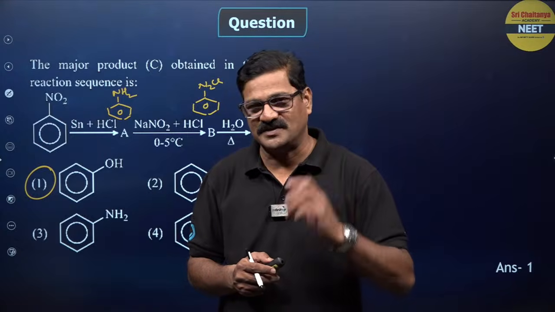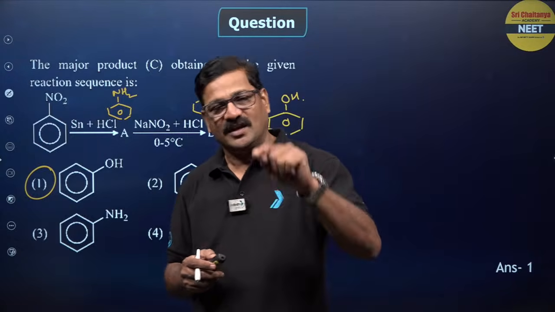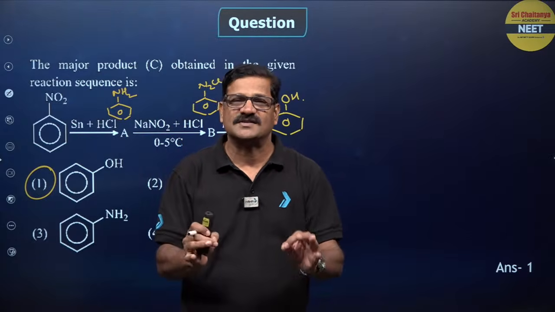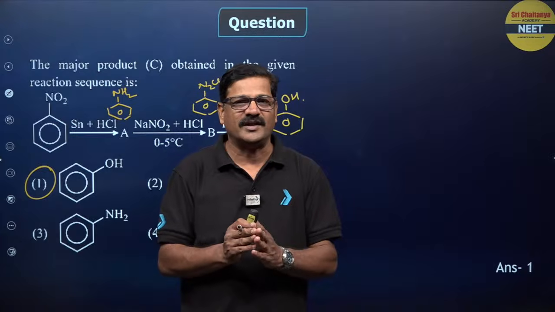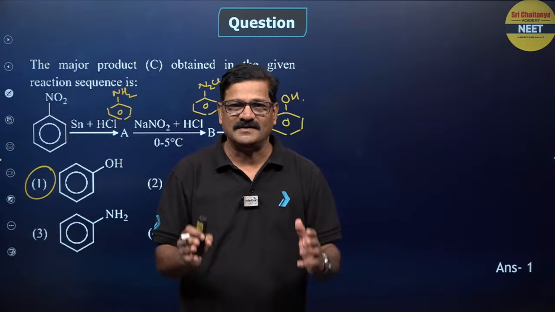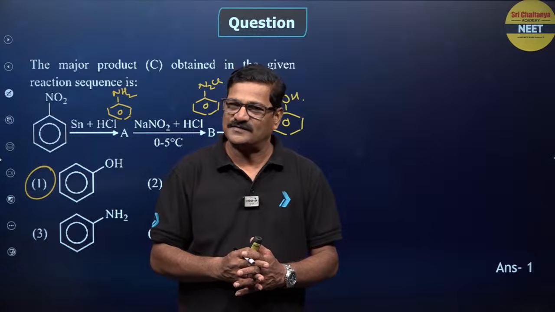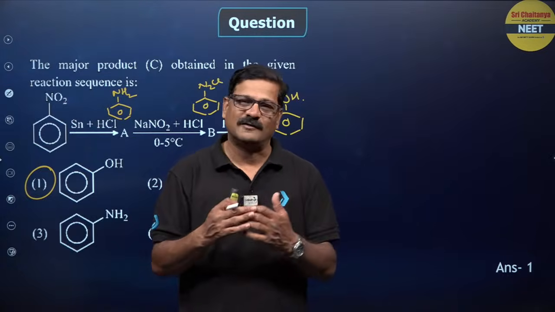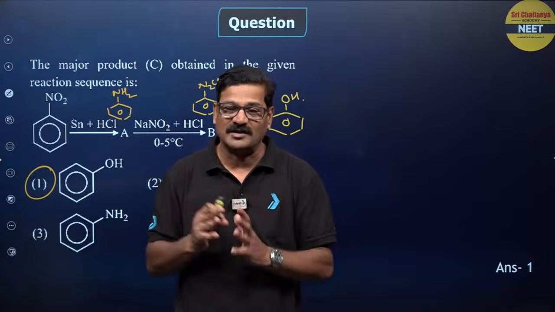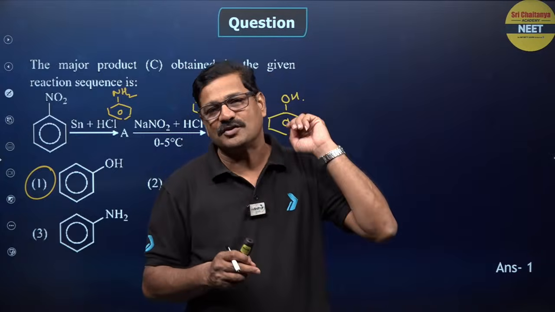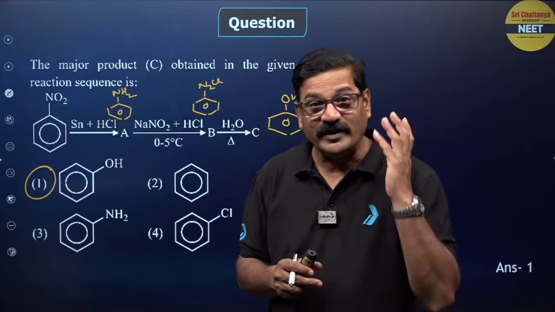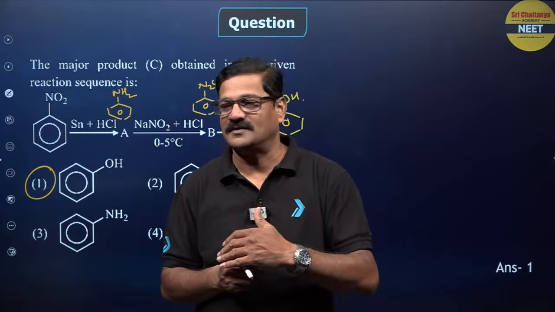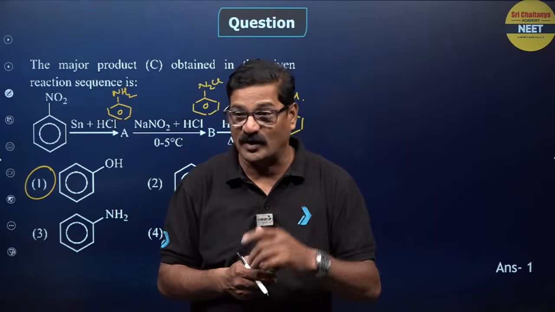So 20 plus 15, 35 questions in your hand. The rest of the 10 questions are the deciding factor. You can take 50-50. Of the rest of the 10 questions, take 5 questions in your pocket, and 5 questions maybe hypothetically keep away. So 40 questions you are answerable. If you do 40 in chemistry, you are close to 700. If physics is also done like that, what do you say?